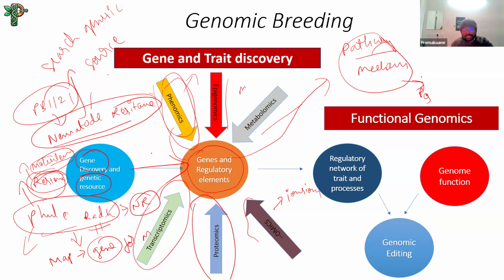We can integrate. I did this in my MSc. I used transcriptomics to understand why the particular resistant variety is showing resistance to nematode. I got several pathways: ethylene signaling pathway, jasmonic acid pathway, auxin related pathways, some plant hormonal pathways, and suberin synthesis pathways.